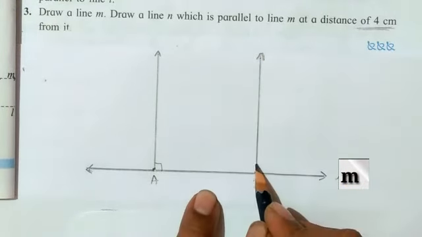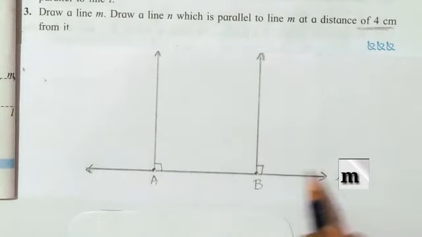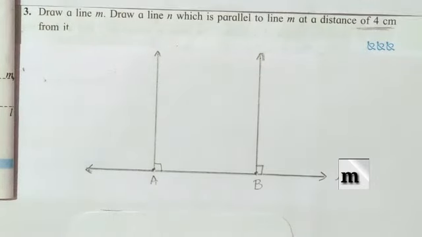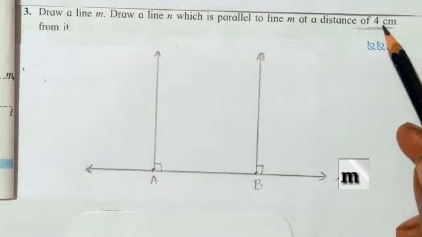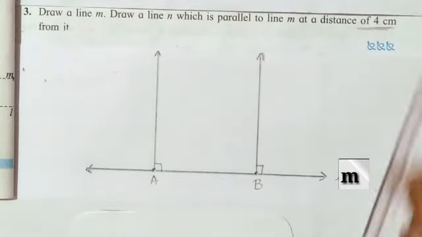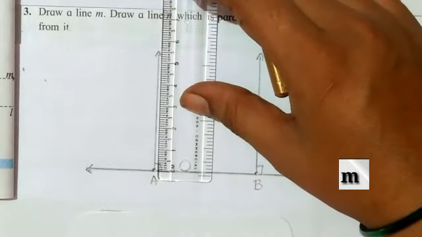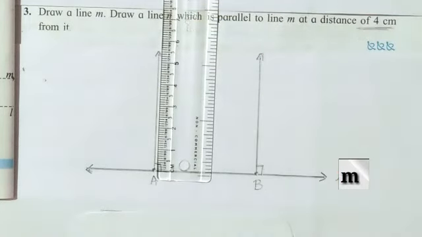This is the other perpendicular which is intersecting the line M at the point B. Now take a distance of 4 cm from the original line. So from point A we can take the 4 cm distance this way, and we can place a point here. Then also we can do it.